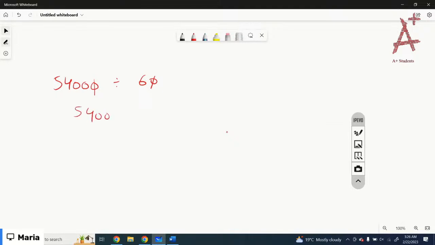You are left with just 5400 divided by 6. So just divide non-zero values. 54 divided by 6. So 6 times what number is 54? 6 times 9 is 54. So here you have 9. The number of zeros are 2. Just add the number of zeros. So that means the quotient is 900. So the correct option is 900.